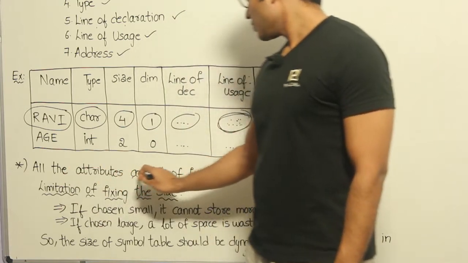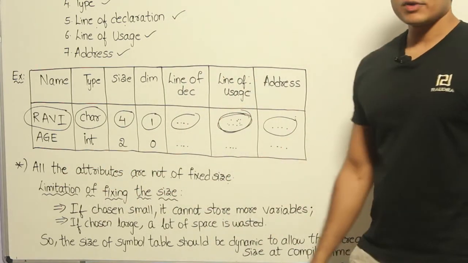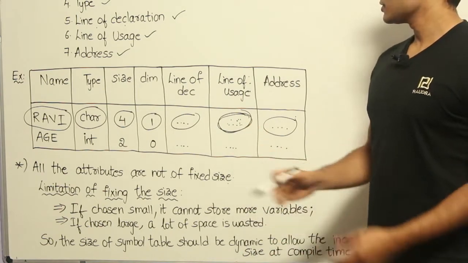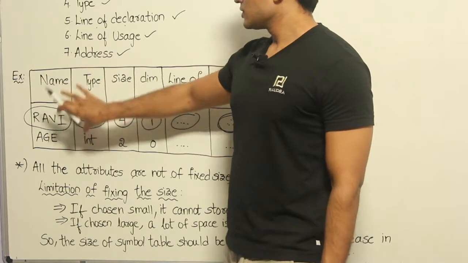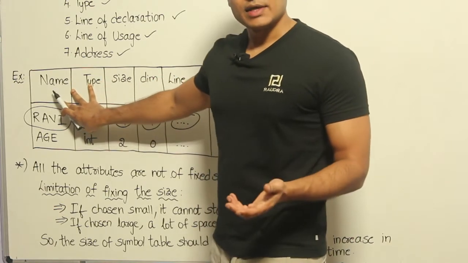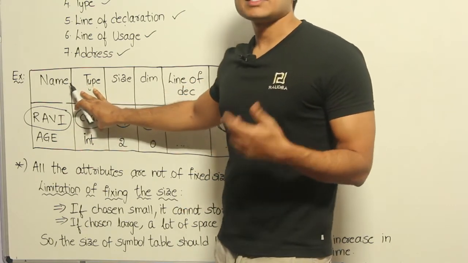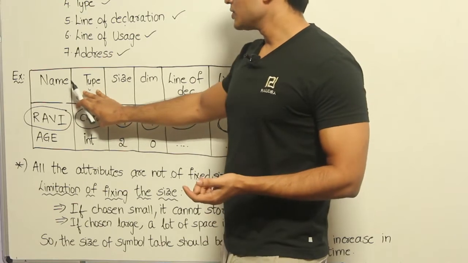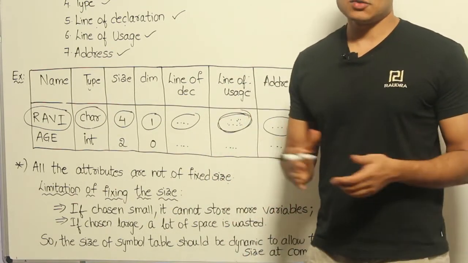Now all the attributes are not of fixed size, so the attributes may be of different sizes. For example, line of usage may vary. And now what about the size of the symbol table? Again, the symbol table is a kind of data structure, so you are supposed to specify how much size you need. The problem is, just like the declaration of an array, you don't know the exact size you might need.